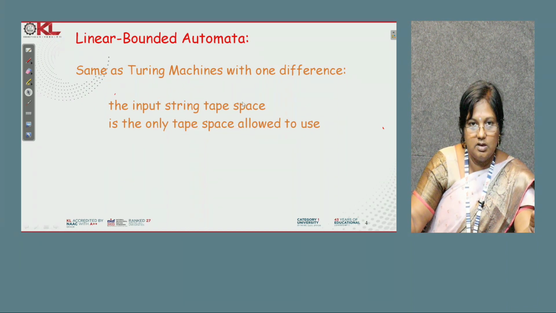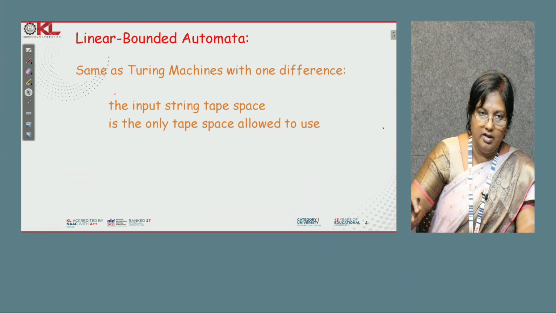The Turing machine also has an input string tape, but the difference is that in a linear bound automata, this is the only tape space allowed to use. So there is a restriction. It follows non-deterministic logic, and there are end markers, a left end marker and a right end marker.